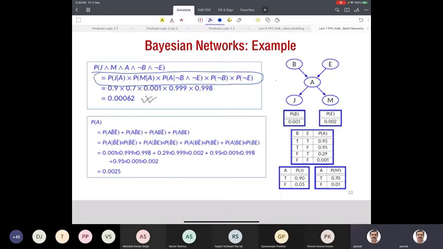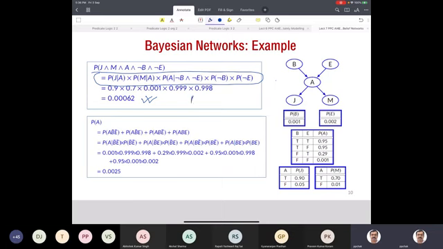Has everybody understood how to calculate this? Sir, why didn't we check for not A? Because you are told that A is true: J and M and A and not B and not E. If I was told J and M and not B and not E, then I would have to break it up into two cases, A true and A false.